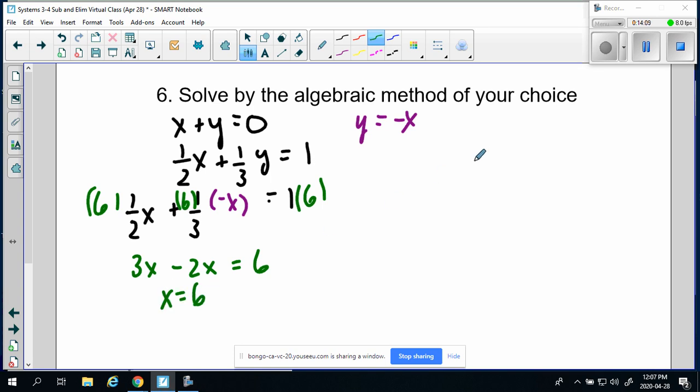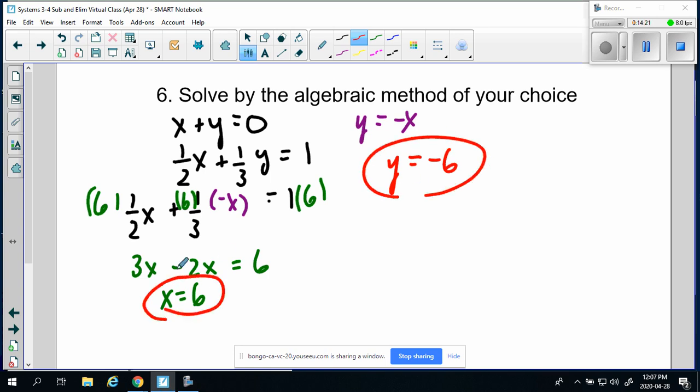That was actually pretty straightforward. Then to find y, I can choose either equation, but I'm going to choose this one because it's easier, the purple one. y is equal to negative x. Bam, done. Awesome.